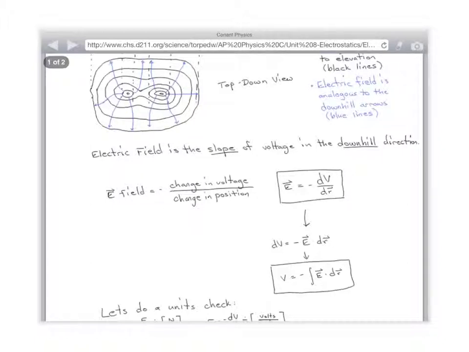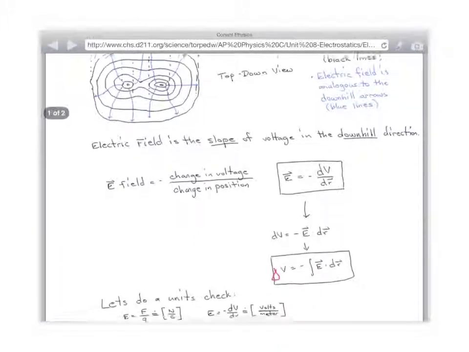But it's E dot dr. That means if you integrate, the total voltage change, actually I should have written that with a triangle in front of it, the voltage change from one spot to the other would be the negative integral of the electric field over the distance.